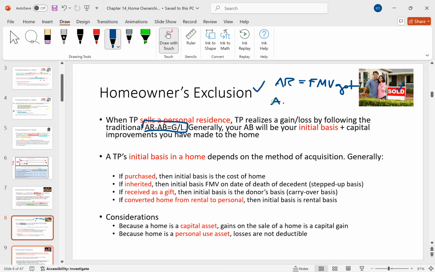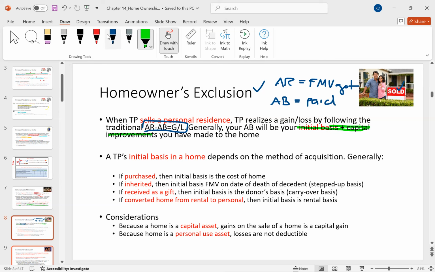And your adjusted basis is typically going to be what you paid for it. But we will see there are some modifications. So typically it's your initial basis plus any capital improvements.